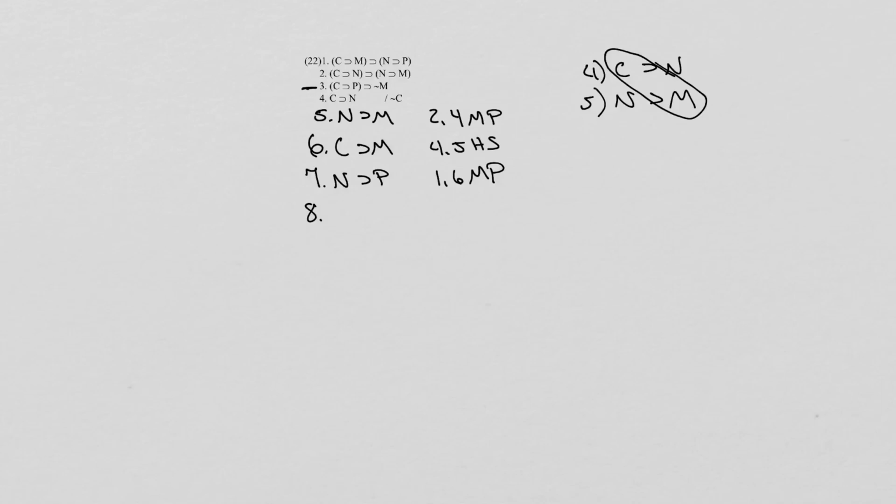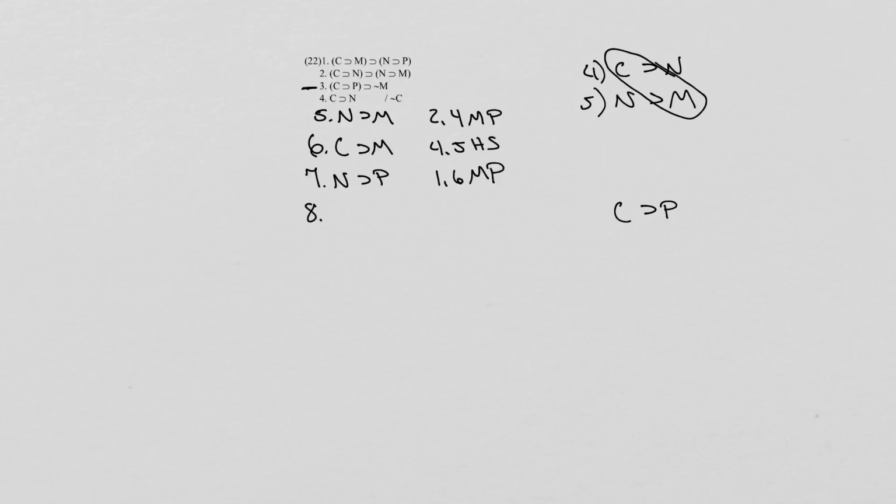So if we have an if C, then P, that's our goal right there. So now we're going to look up here and see which two we can actually combine together and make this work. So these two, 6 and 7, do have C and P in them, but N and M, that's not going to help us out. We need the repetition of something there.